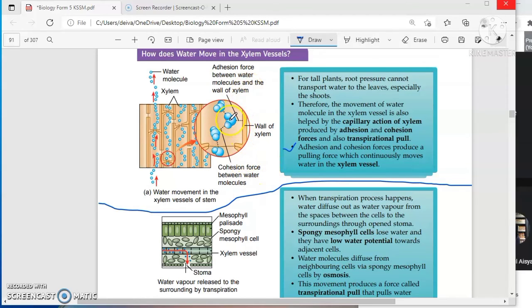Cohesion force is between the water molecules. They pull each other and then they go up. Adhesion and cohesion produce a pulling force which continuously moves the water in the xylem vessel.